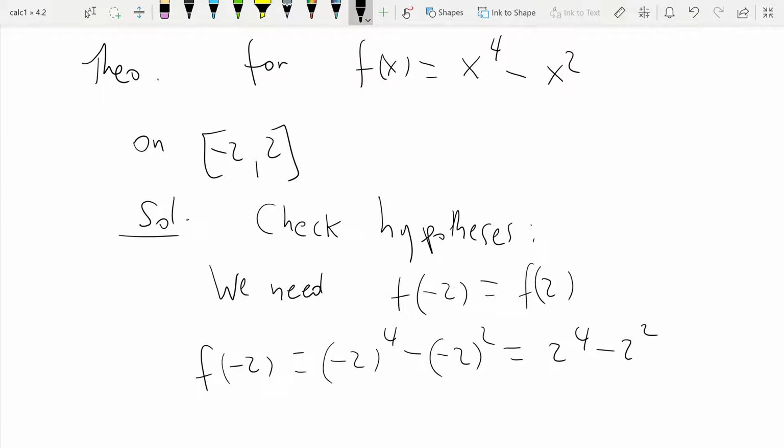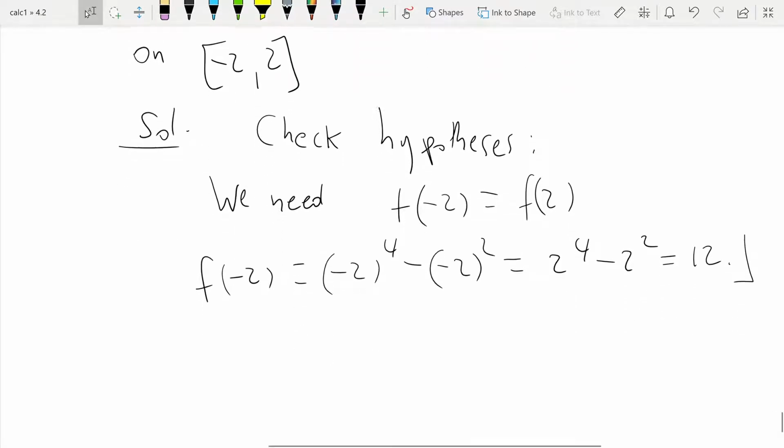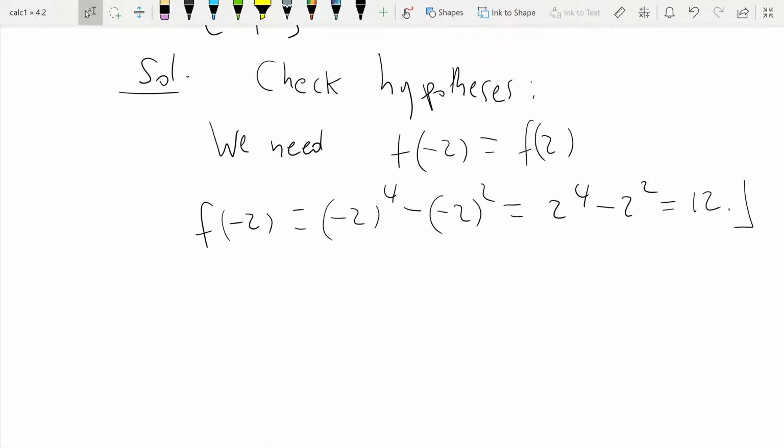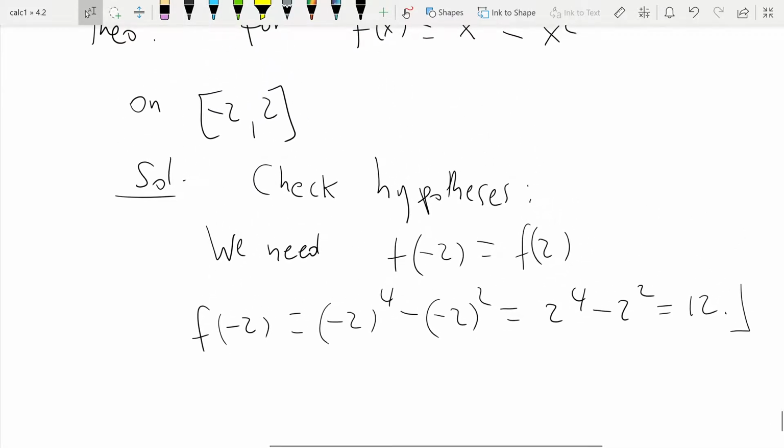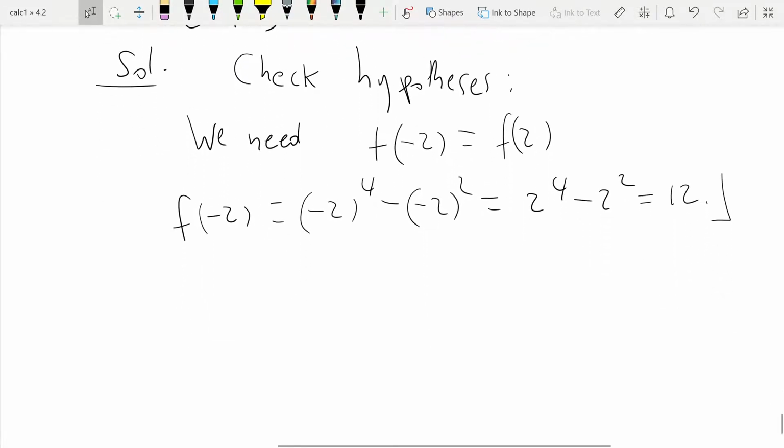Minus 2 squared is the same as 2 squared, it's going to be 4. So this is just equal to 12. So this is the value. We're just checking the values at the endpoints are the same.